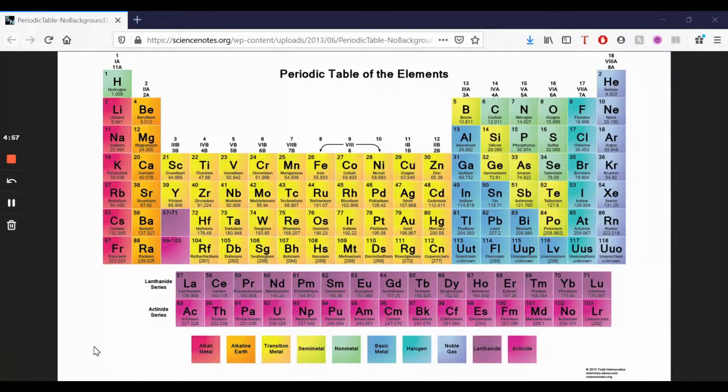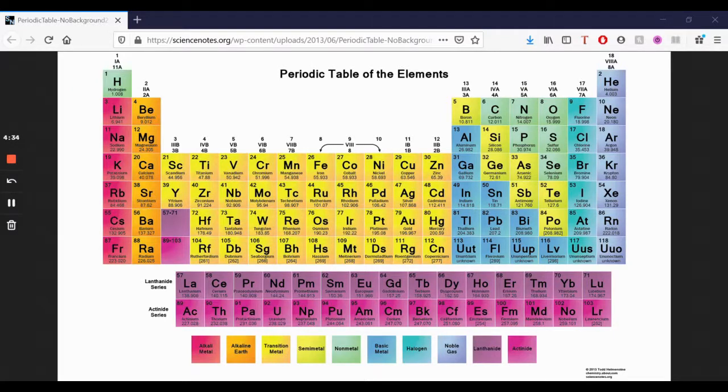Remember also that the periodic table is like a family portrait of all the elements, all the different types of atoms. And they're in order by their atomic number noted right here. And that atomic number tells us how many protons are in the atoms. But look, it's a pretty weird shape.